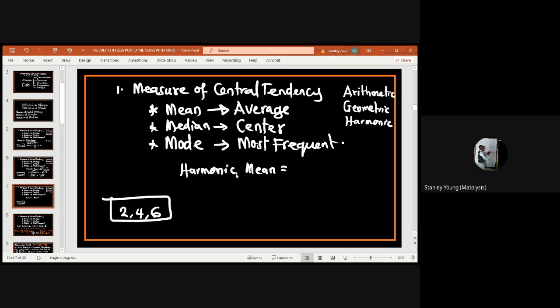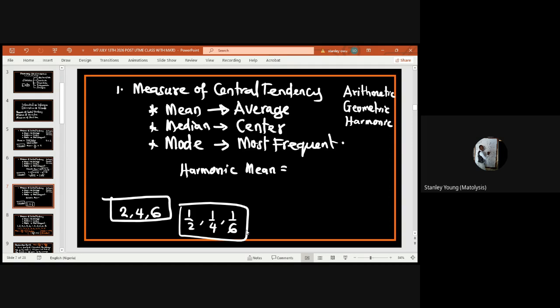harmonic mean, is just, imagine you have 2, 4, 6, and somebody decides to reciprocate them by doing 1 over 2, 1 over 4, and 1 over 6. That's you reciprocating these numbers. And you then choose to find the mean of 1 over 2, 1 over 4, 1 over 6. After getting that result, you decide to reciprocate the result again.